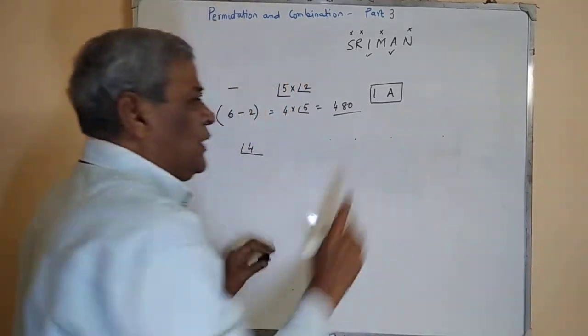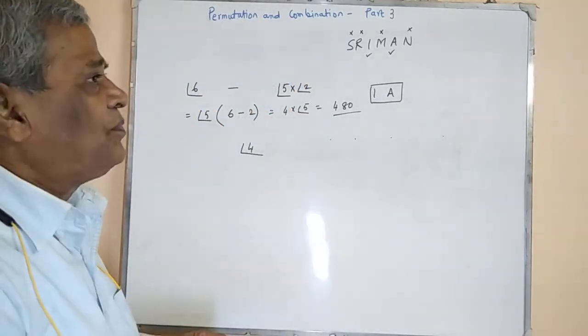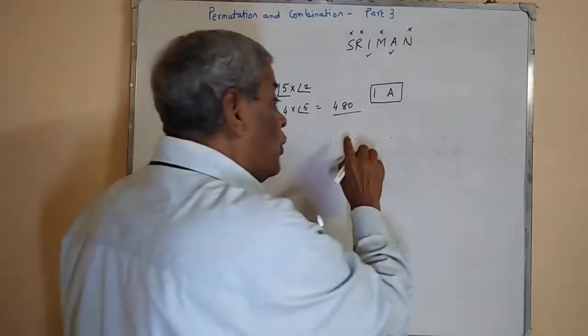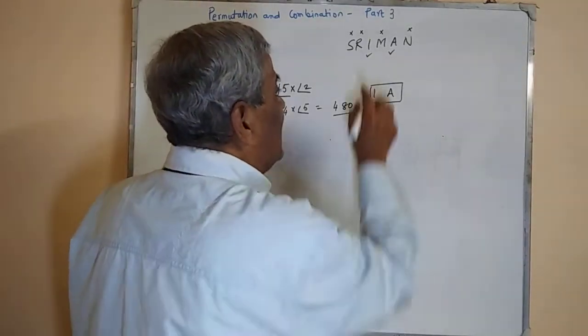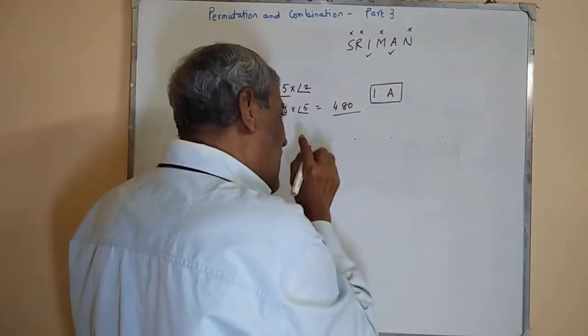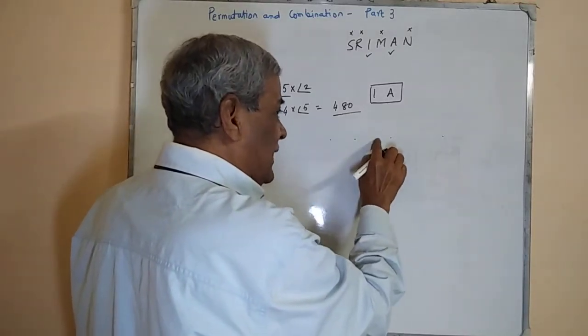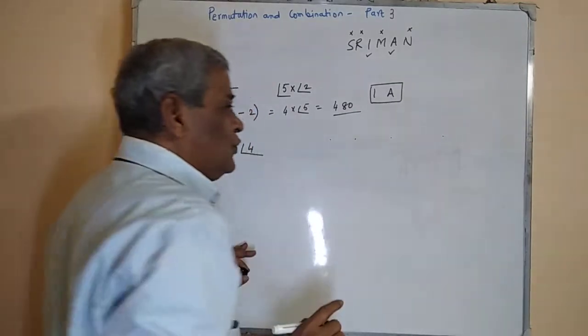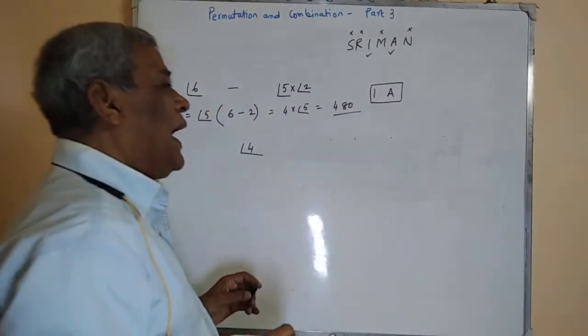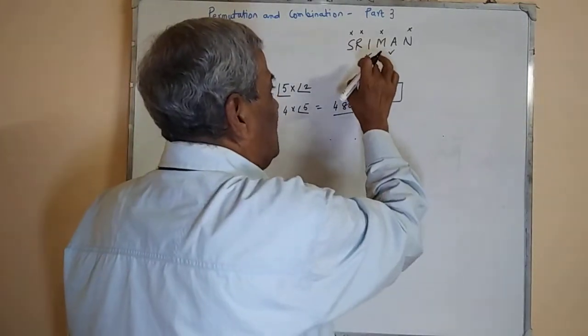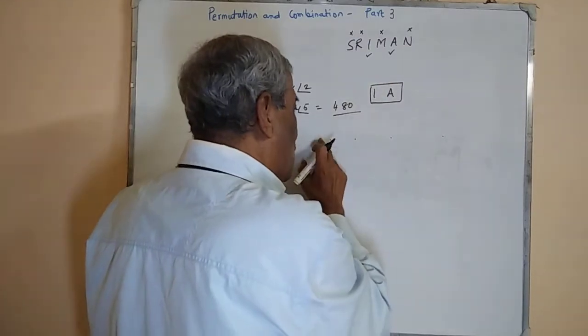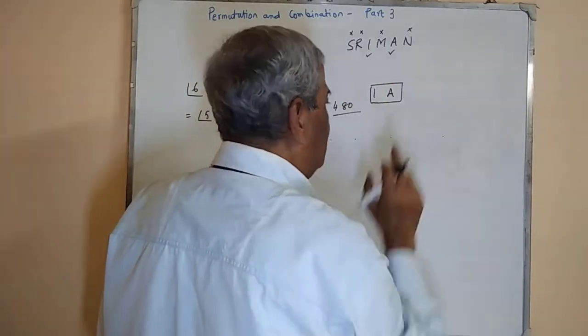Suppose these 4 are the consonants. Now 4 consonants and the vowels are I and A. I can be placed there or there or there, there or there. So altogether 5 positions are left for the first vowel I, 1, 2, 3, 4, 5.